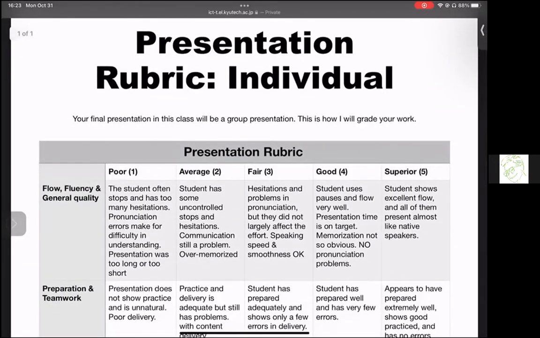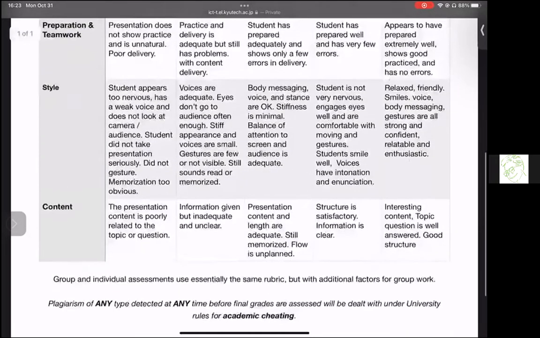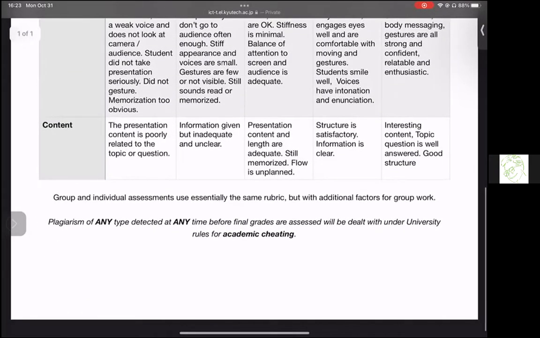Now, I want you to see that there are four categories, but only one of them is anything close to talking about your English. If you're worried about your English, thinking about your vocabulary, grammar, pronunciation, all of that is pretty much here.